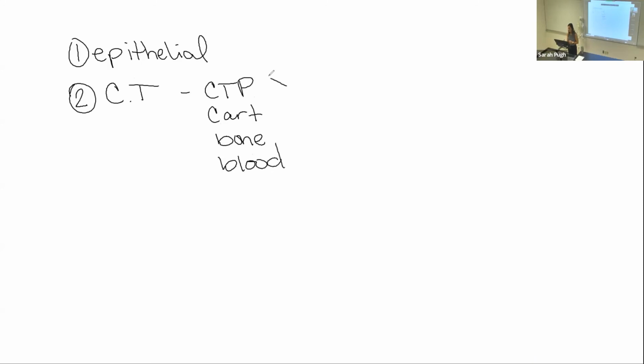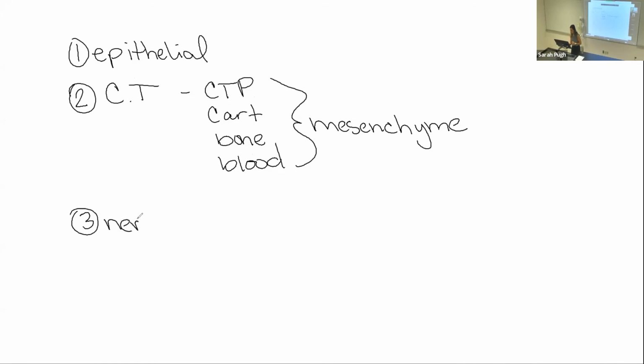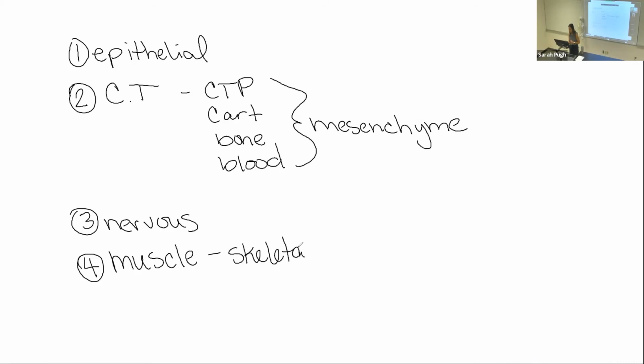All of these come from mesenchyme. We have nervous tissue. And we have our muscle, with our different kinds of muscle: skeletal, cardiac, and smooth.